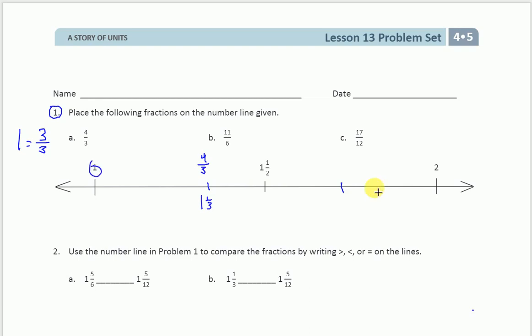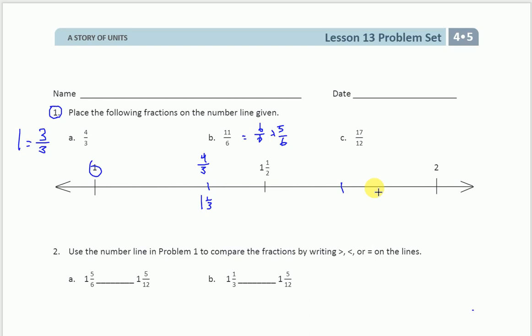That's 1 1/3. And then if we look at 11/6, what is 11/6 equal? 6/6 is equal to 1, so that's 1 whole. 11 take away 6, so it's 6/6 and 5/6. So this is really going to be 1 whole and 5/6.